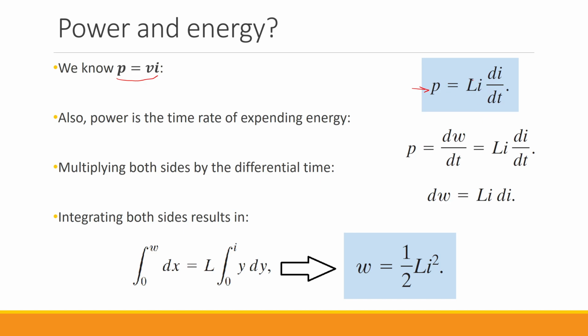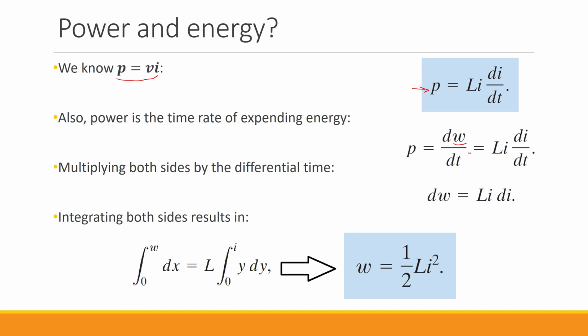Based on this equation for the power, we can find the equation for energy in the inductor too. So we know that the power is the time rate of expending energy, or the rate of change of energy over time. So this is something that we have seen in previous lectures. So power equals the derivative of W, or energy, over time.